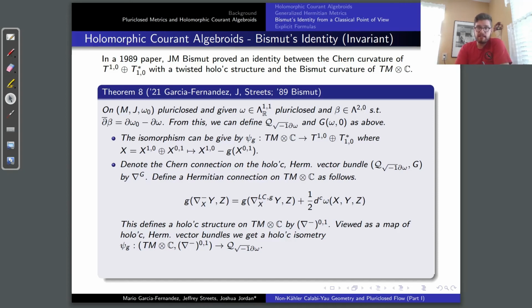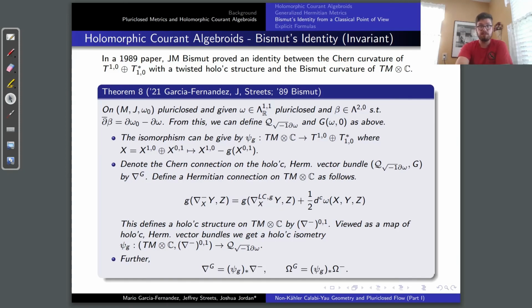And with this holomorphic structure, psi g becomes a holomorphic isometry. The map becomes holomorphic with respect to the holomorphic structures on each of these bundles, and it preserves the metric. And because it's a holomorphic isometry, it preserves the connection. Chern connections pull back to Chern connections. That's why this choice of Dolbeault operator was so important.